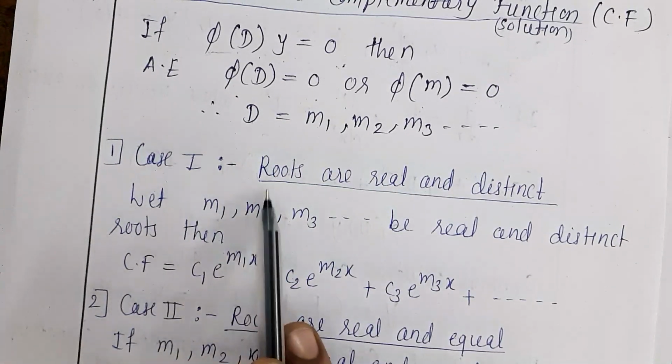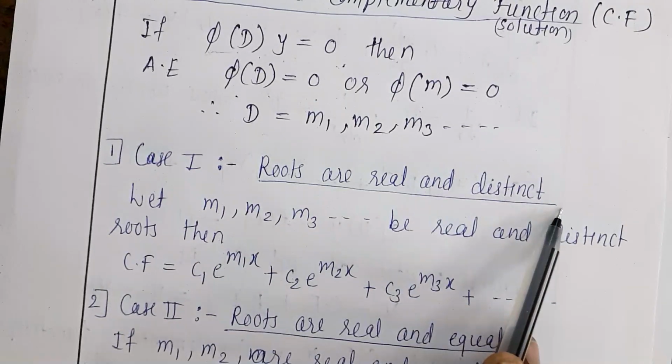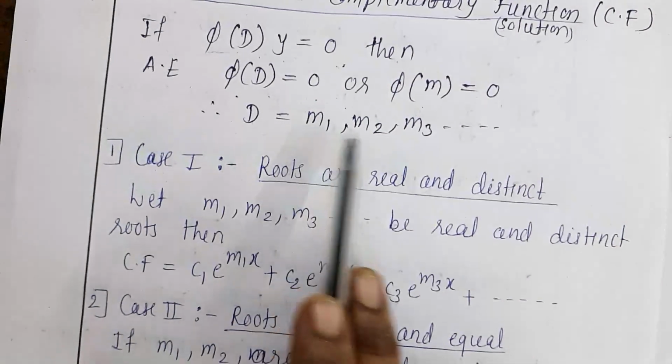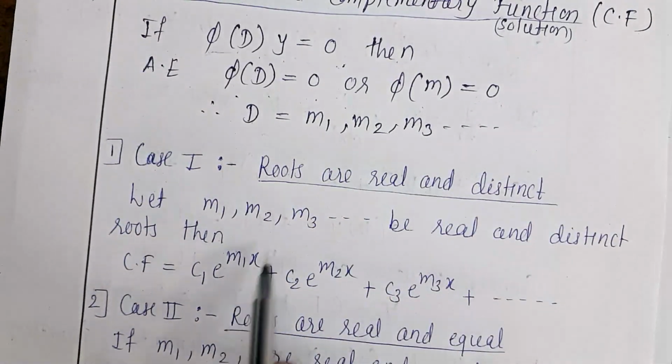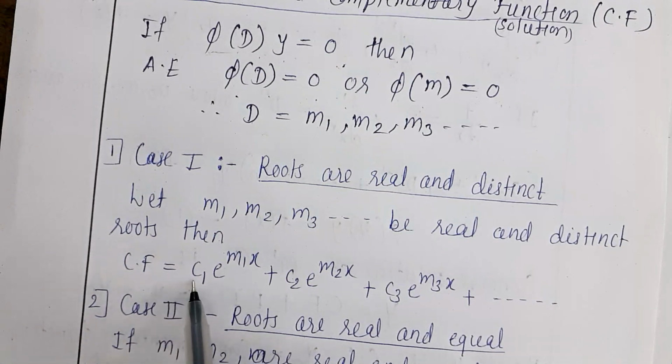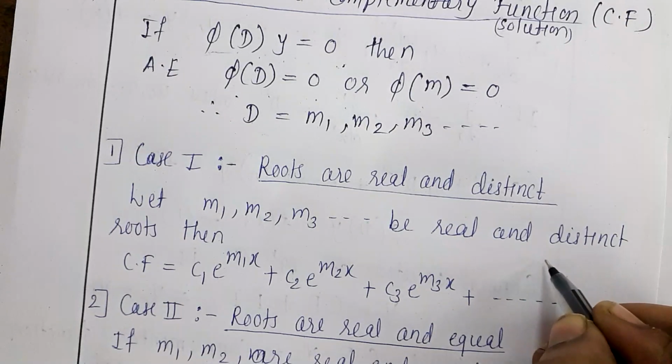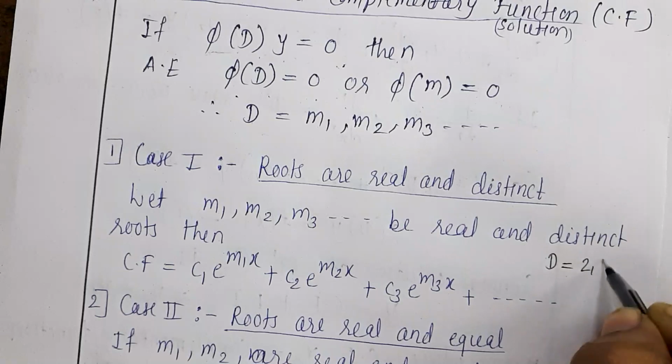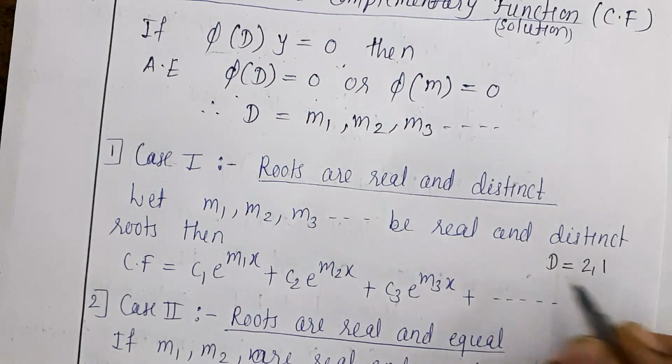Now case 1 is roots are real and distinct. If we have roots m1, m2, m3 and so on, and they are real and distinct, then we can write Cf as c1 e to the power m1x plus c2 e to the power m2x plus c3 e to the power m3x and so on. For example, if we get roots of d as 2 and 1, then how to write Cf?